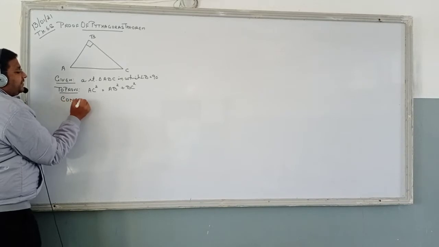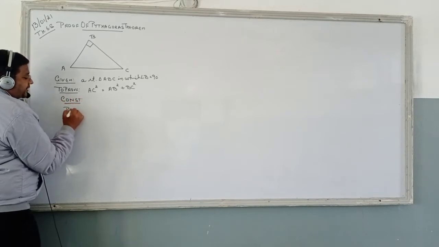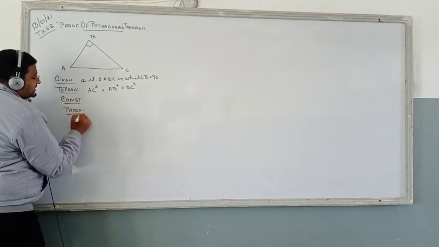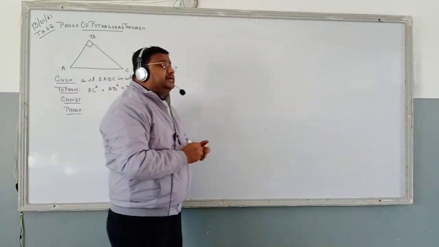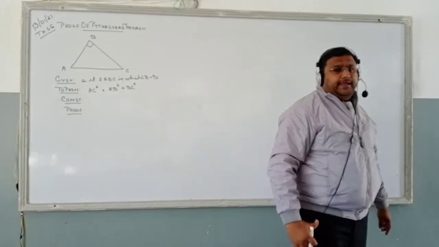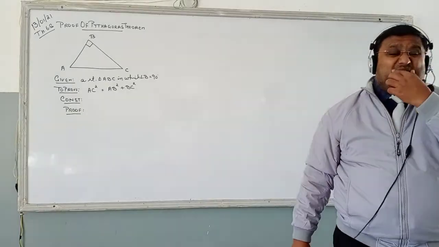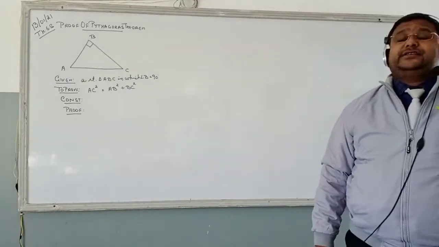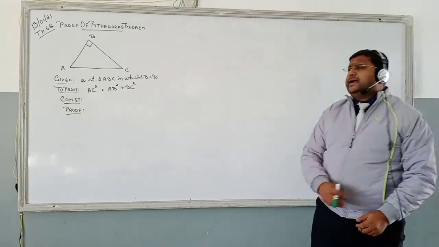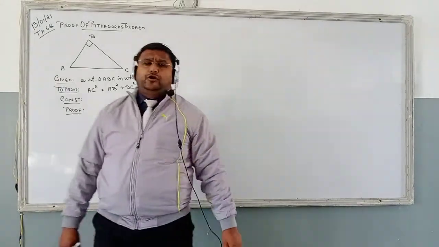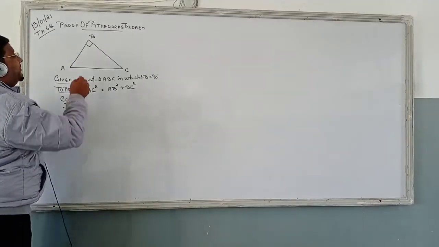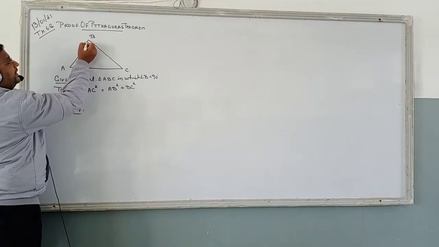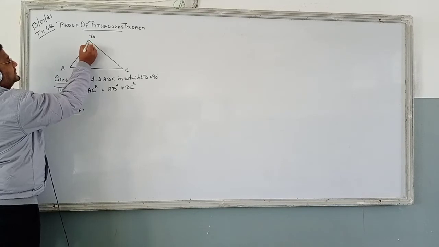Construction: yes, there will be one construction, and then we come down to the proof. Now we have just completed similarity in triangles, so we are going to use that similarity again in this proof. What construction are we going to do? We are going to drop a perpendicular from this vertex B, that is from the 90 degrees, on this side AC.